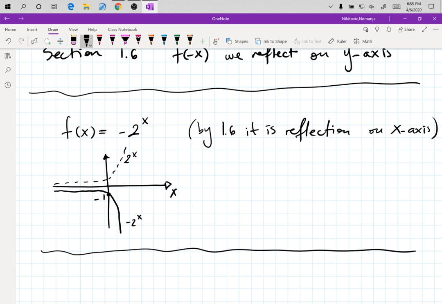So the next order of business is for us to take a look at the exponential function with a very, very, very special base.